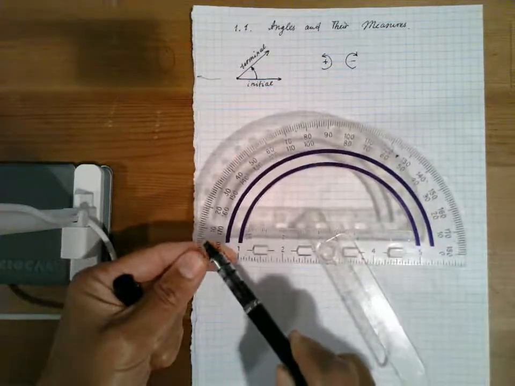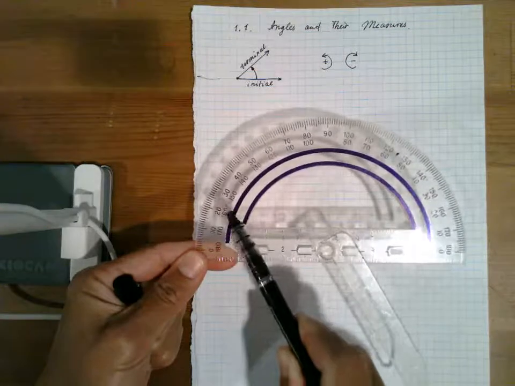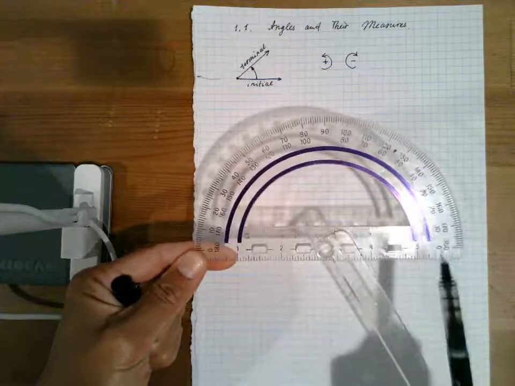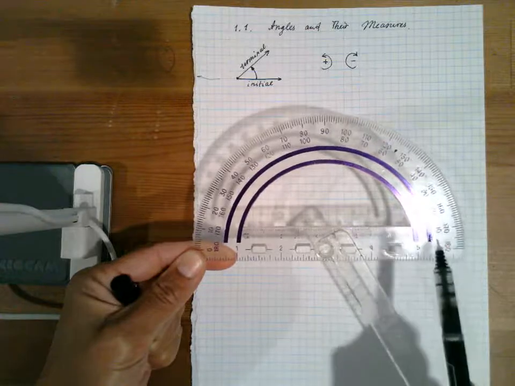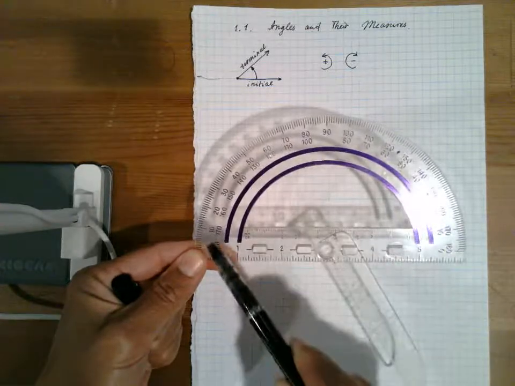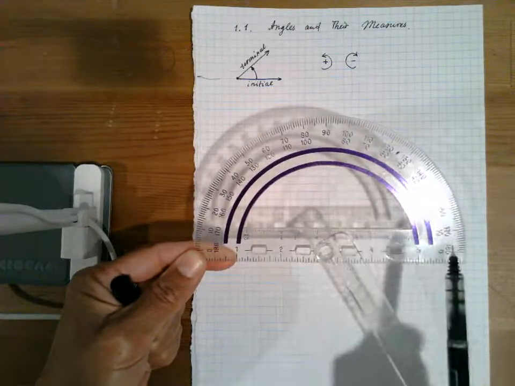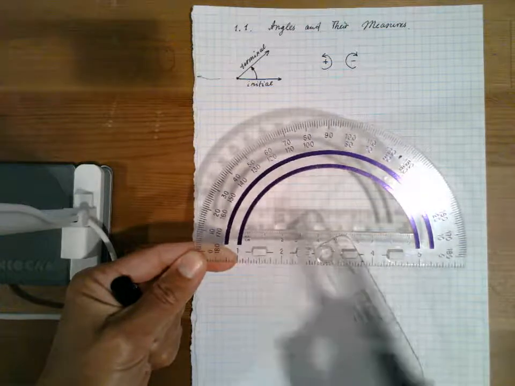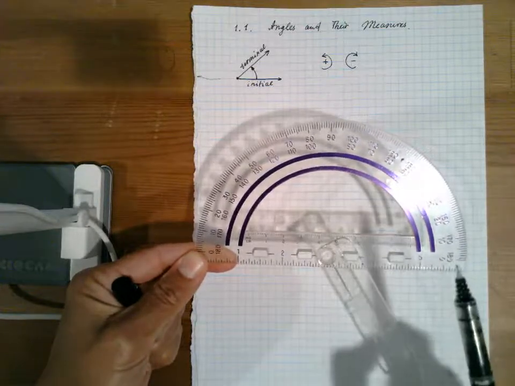You see 1, 2, 3, there is 10 over here, 20, 30, and so on until we reach 180. So this half arc or half circle is making 180 degrees.